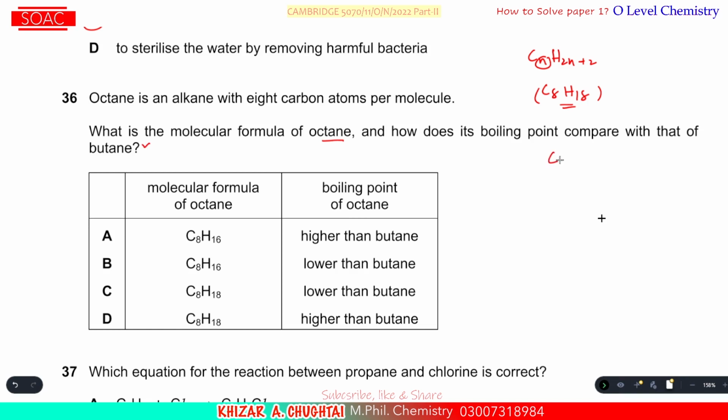The formula of butane is C4H10. As it has fewer carbon atoms, its boiling point will be lower. Octane has the higher boiling point. Now coming to the formula, either C or D. The boiling point of octane is higher than butane, so D is the correct option.